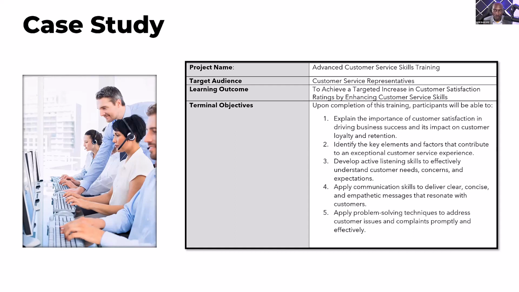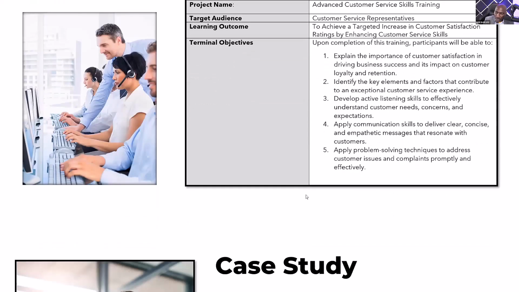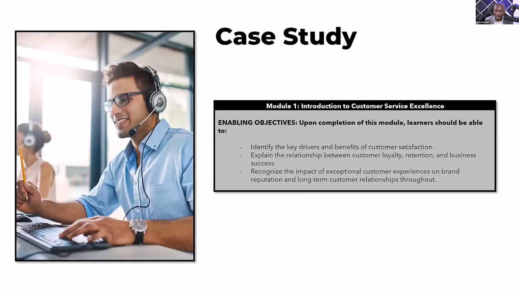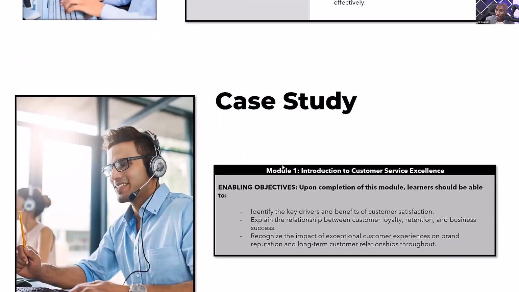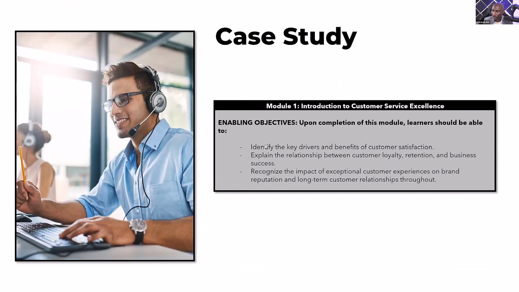Also, I would recommend that you check out Bloom's taxonomy and learn a little bit more about how you can use that to help you in writing effective learning objectives as well, okay? So for your enabling objectives, it would look something like this, right? So if we take one of these objectives and break it further, we would get our enabling objectives, okay?